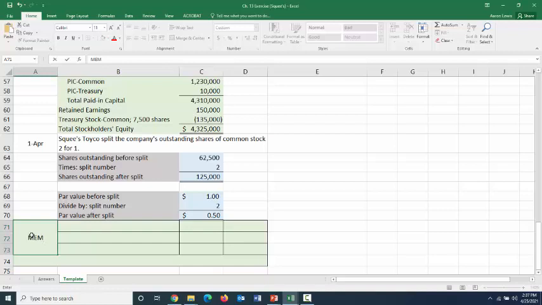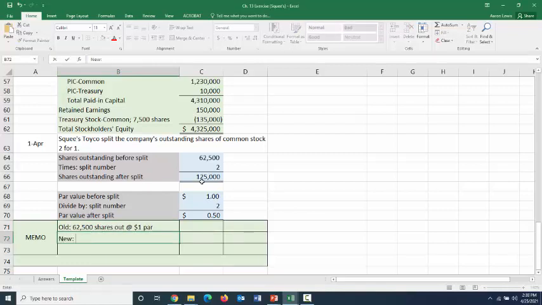And for this particular guy, what I do is on the top line, I write old, and I know how many shares were out in the hands of the public before we made the split, and we had 62,500 shares out, and I say what the par value was. So we have 62,500 shares out at $1 par. Well, what's it going to be after we make the split?